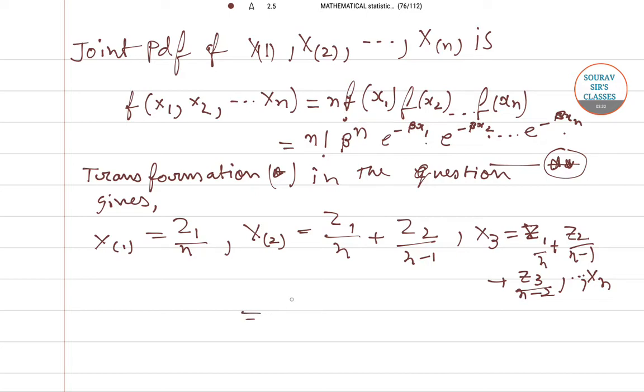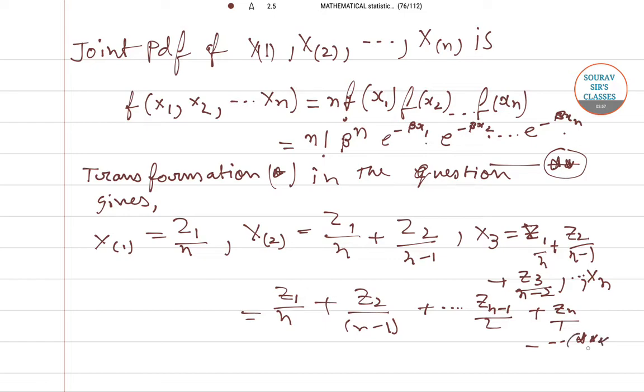Similarly, xn equals z1 by n plus z2 by n minus 1 plus ... plus z(n-1) divided by 2 plus zn divided by 1. I'll denote this equation by triple star.